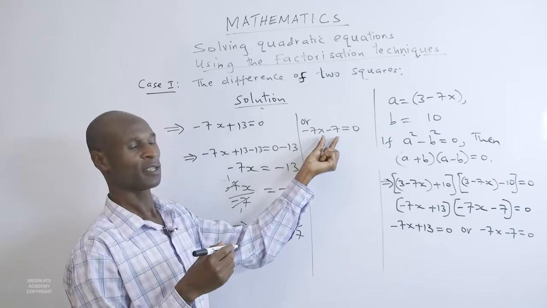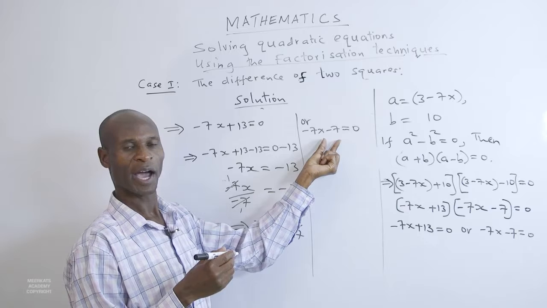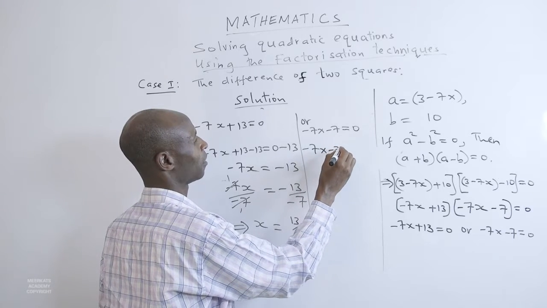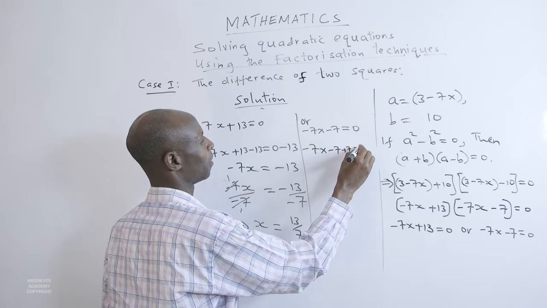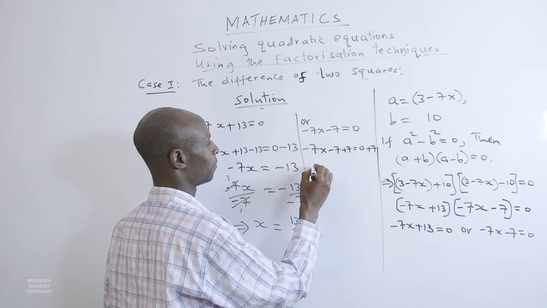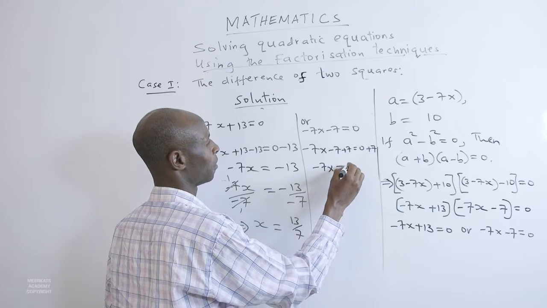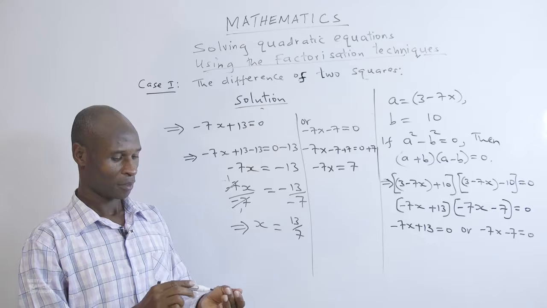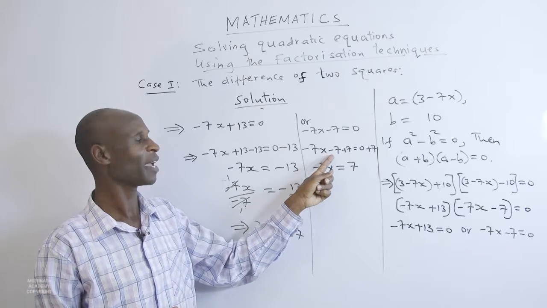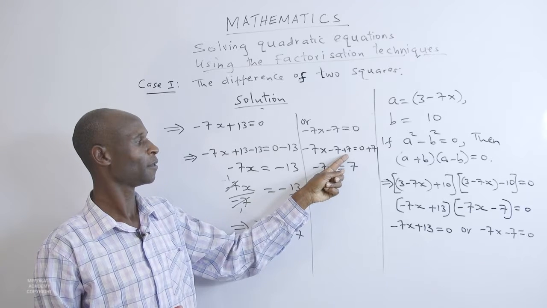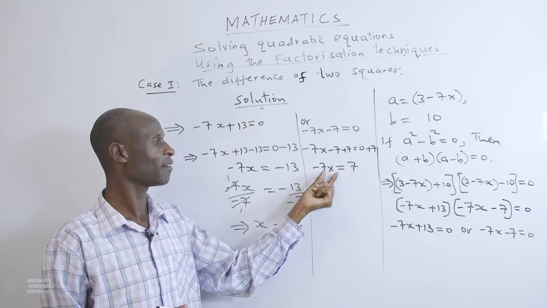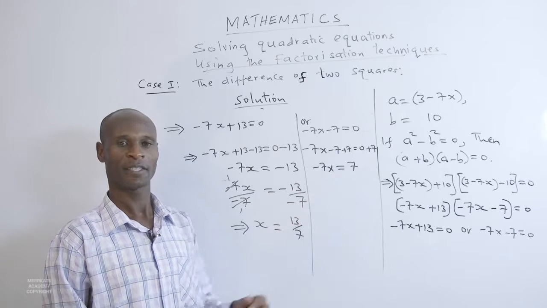So in this case, because it's negative 7, we add 7 on both sides. If we add 7 on both sides, on the left we shall have minus 7x minus 7 plus 7 is equal to 0 plus 7. So on the left hand side we shall remain with minus 7x is equal to 0 plus 7 is 7.